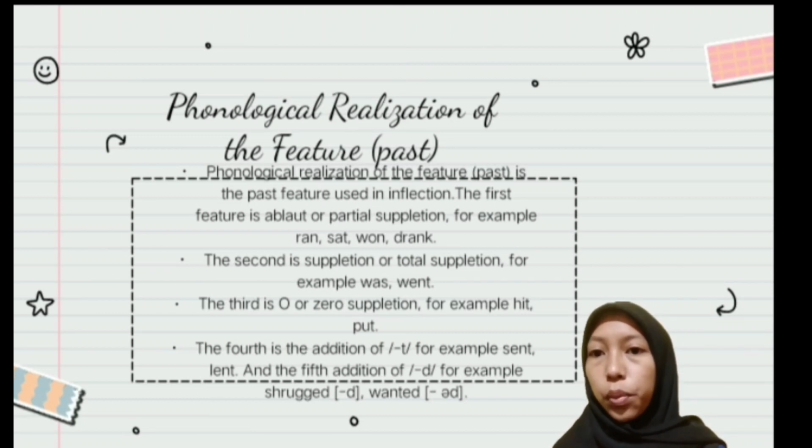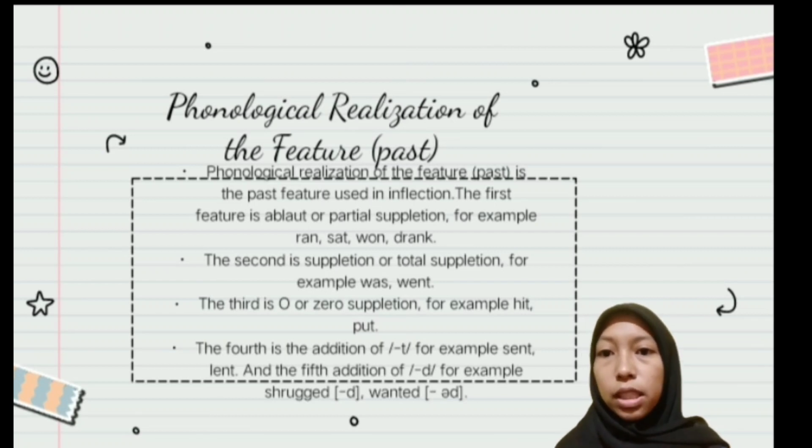For example, was, went. The third is full or zero suppletion. For example, eat, food. The fourth is the addition of -t, for example sent, lent. And the fifth, addition of -ed, for example, stronger, wanted, needed.